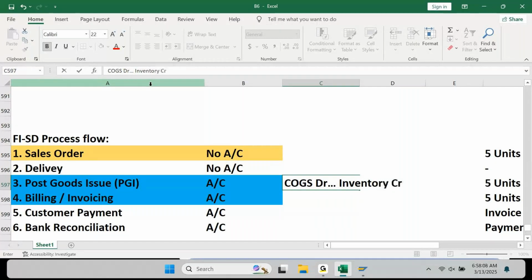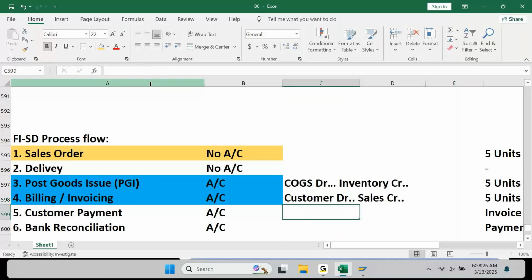COGS account debit, inventory account credit. When it comes to billing, customer account debit, sales account credit. This is the basic or standard fixed accounting entry.